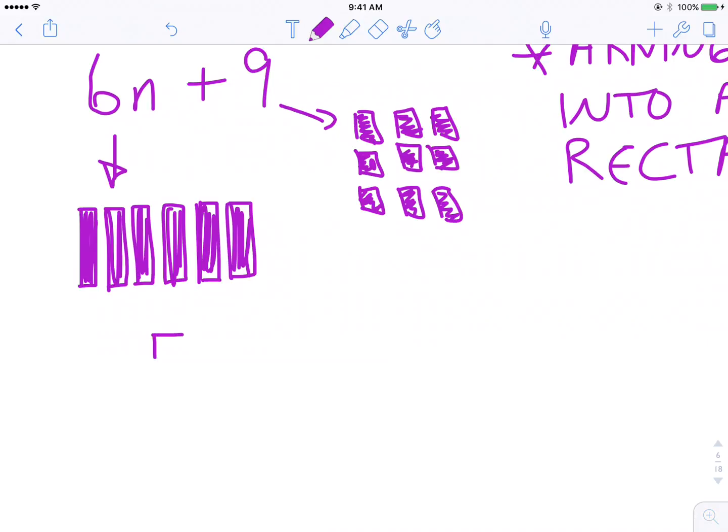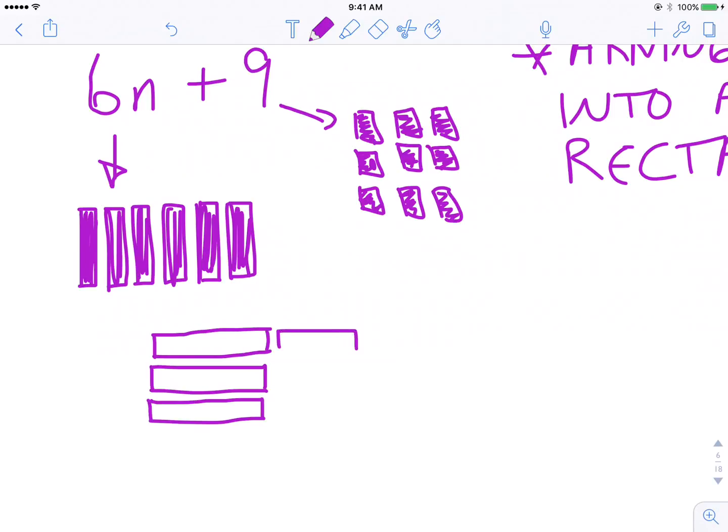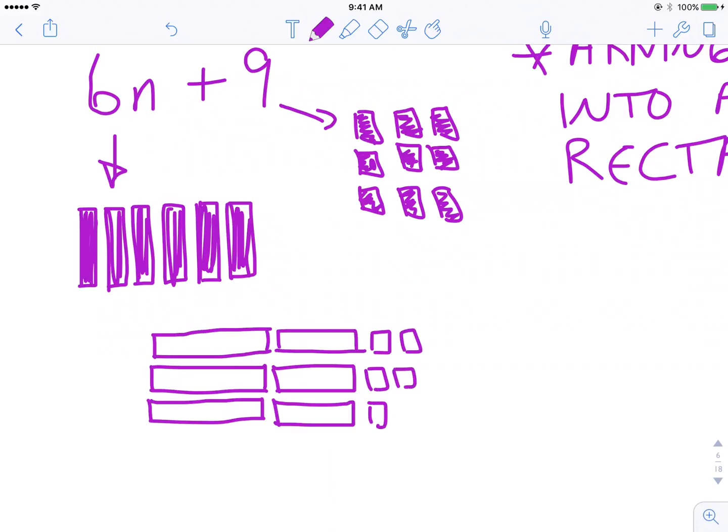Well, one possible scenario. I'm using a little bit of space between them just so that I can denote that those are my different tiles. You could arrange these touching side by side, but it would be really hard to see the individual tiles. 1, 2, 3, 1, 2, 3, 1, 2, 3.